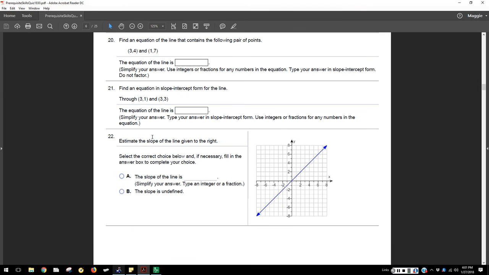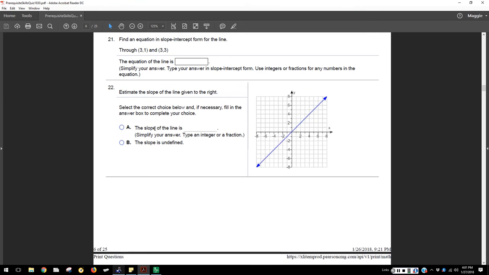Number 22 says to estimate the slope of the line given to the right. All you have to do when it comes to estimating a slope is to be able to pick out a couple of nice points. For example, I'm pretty sure this point right here on this graph is (1, 1). And to get to the next point on the graph, I can count up 1 and over 1 and know that the next point is (2, 2).